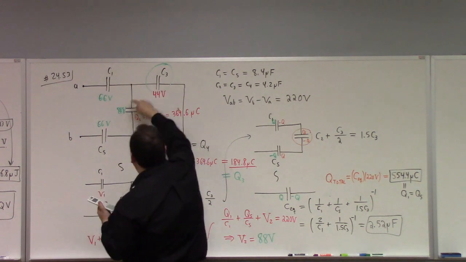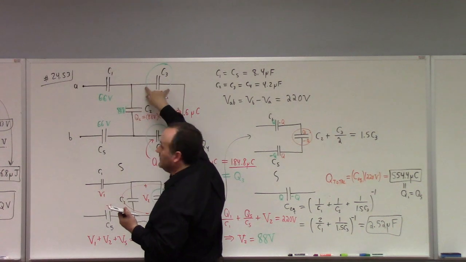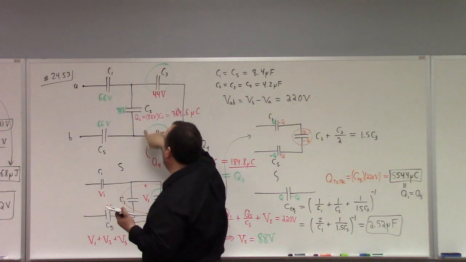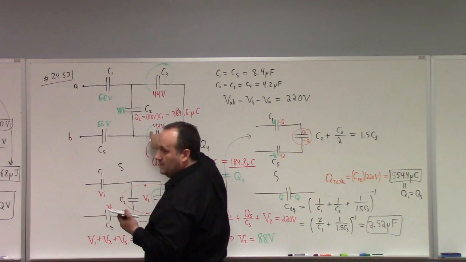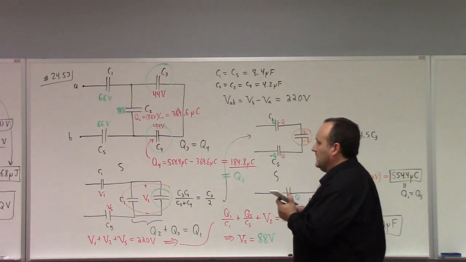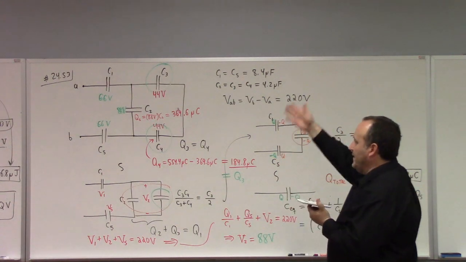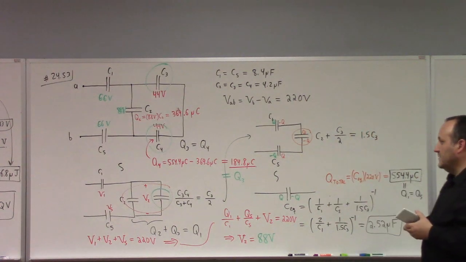Look at this: I got 88 volts here and 44 volts here, so I have to have 44 volts down here as well, because the sum of the voltages should match. And of course C3 and C4 are equal, so there's also a symmetry there.